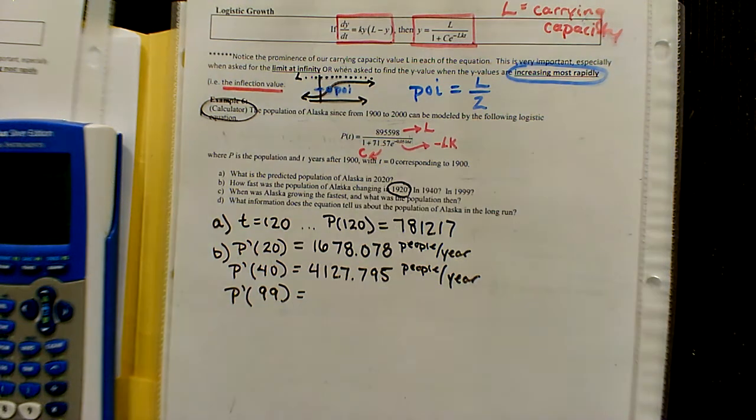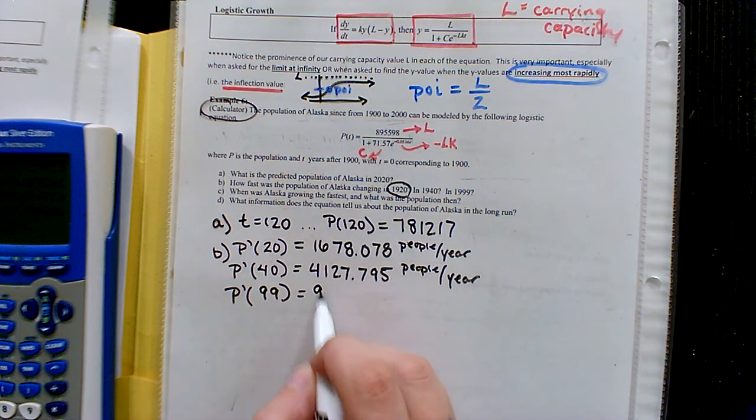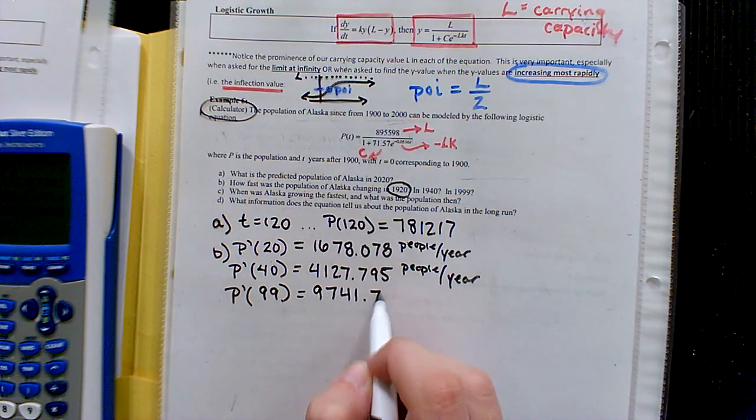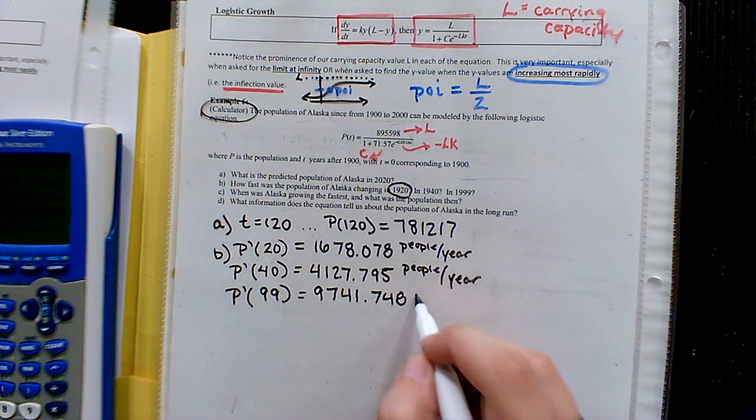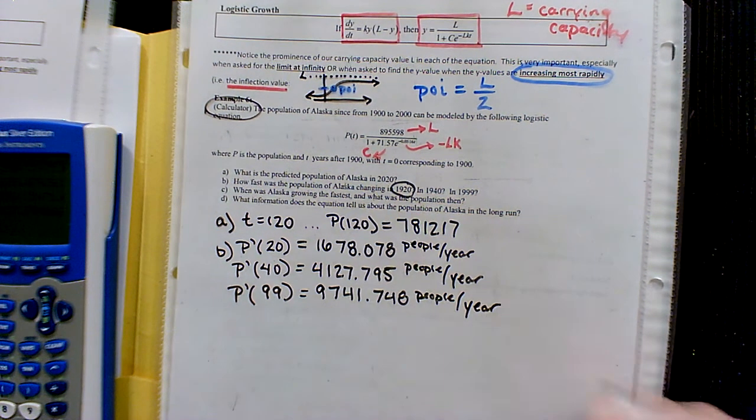Can you guys find the rate for 1999? There we go. Plus some decimals. There we go. Okay.